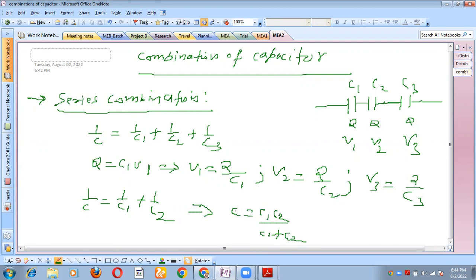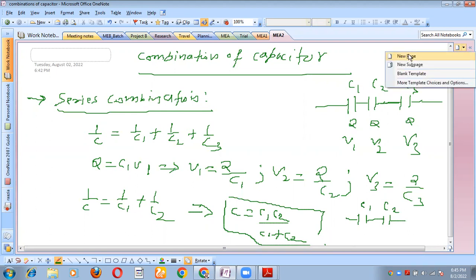This is very helpful. Generally, for two capacitors, we directly write the equivalent capacitance as C equal to C1 C2 by (C1 plus C2). So this formula is written here. Getting my point? Now, parallel combination.